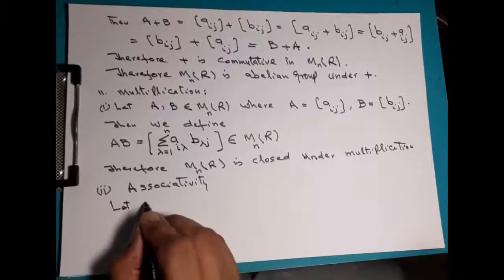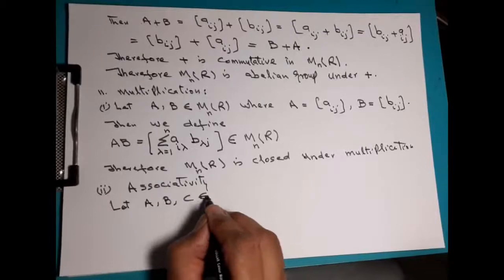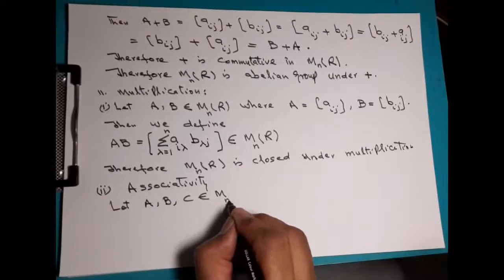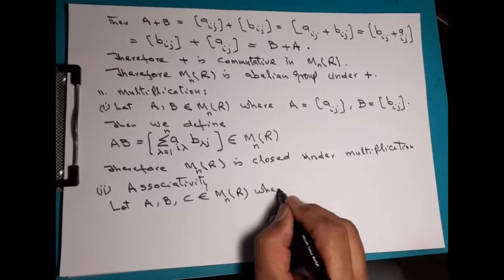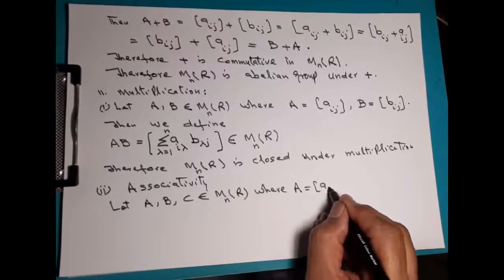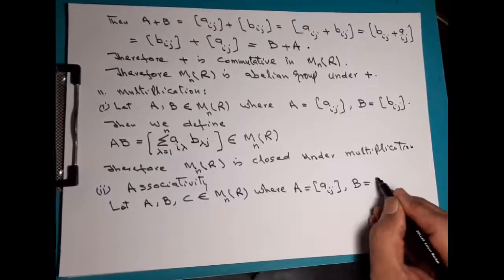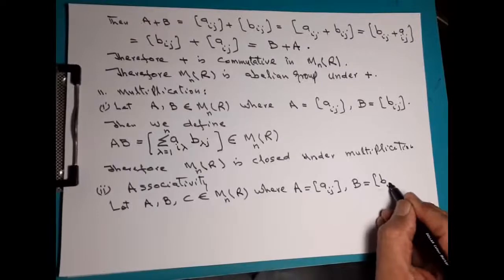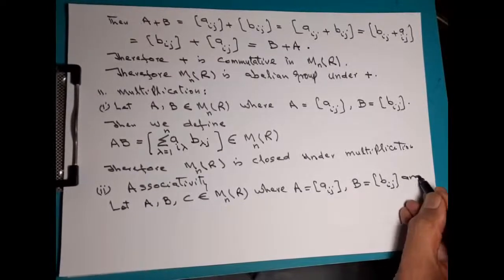So let A, B, and C belong to this particular set M_n(R), where A is equal to A_ij, B is equal to B_ij, and C is equal to C_ij.